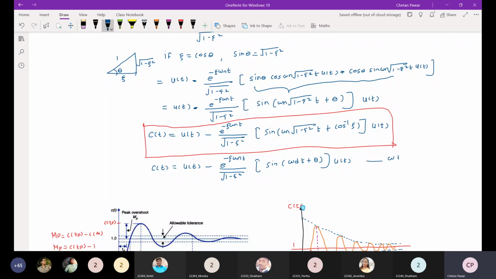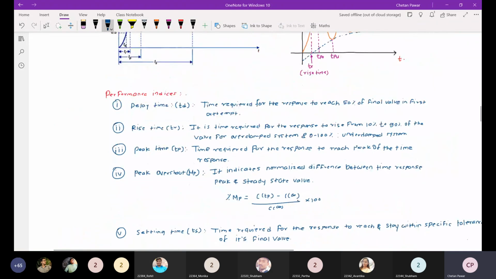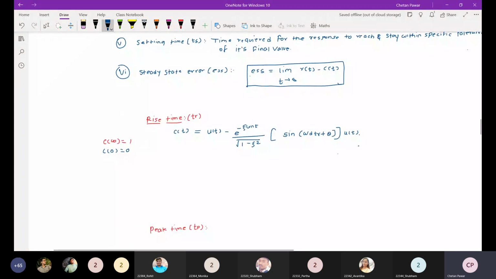Here omega d is omega n into the square root of 1 minus zeta squared, the damping frequency. So that equation only we have used here. Okay, we need to calculate TR now.